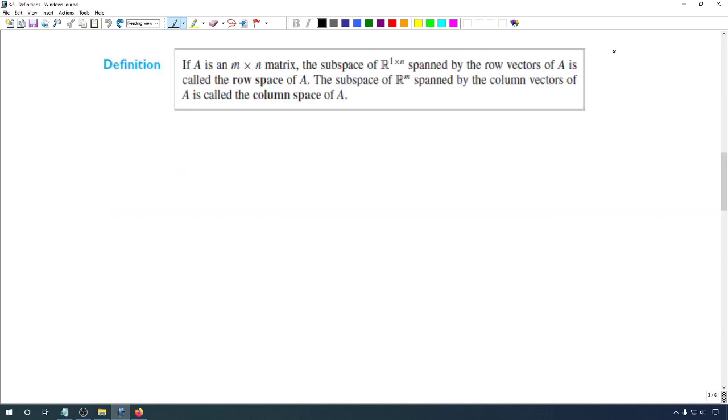What we are going to focus on are what we call the row and column spaces of our matrix A. These are subspaces of R1 by n and a subspace of Rm for a given m by n matrix. But before we get started, I'm going to change what the book does, because usually people do not talk about R1 by n.